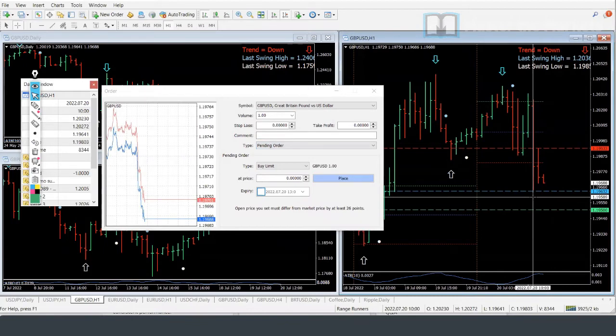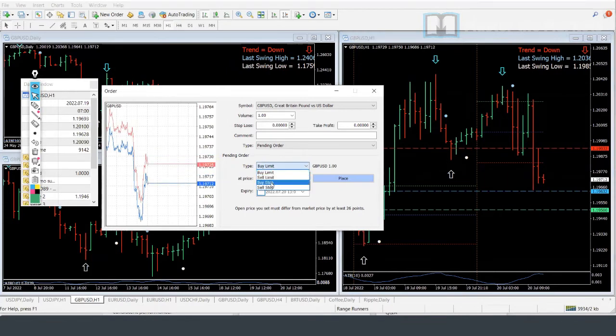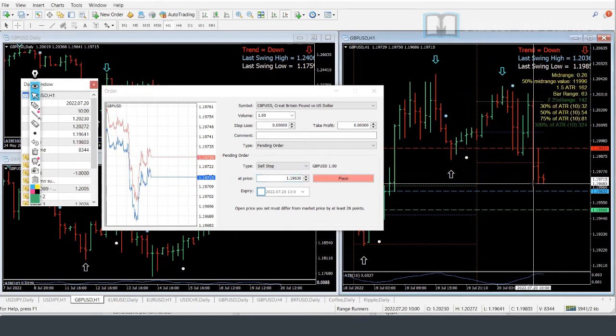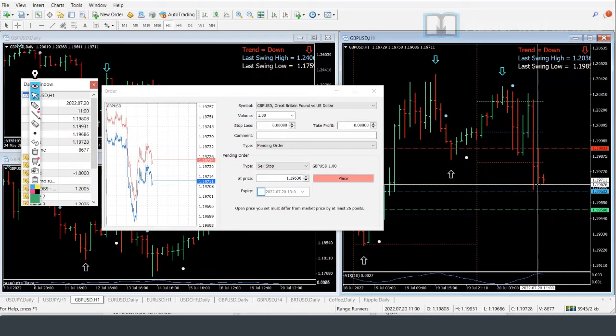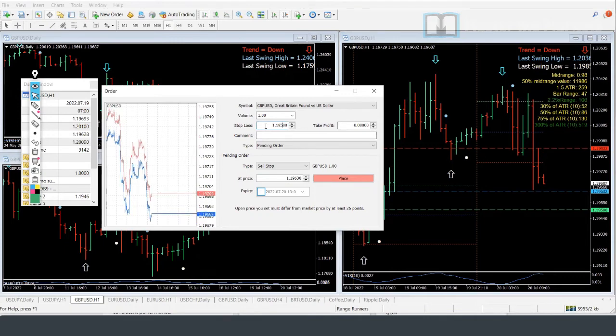Could be quite fast. Sometimes price can move really quite quickly. 119.63 is what we will do, 1 pip below that, for 1 pip leeway, and the stop loss will be 119.45. Take profit will be at 119.50, isn't it?